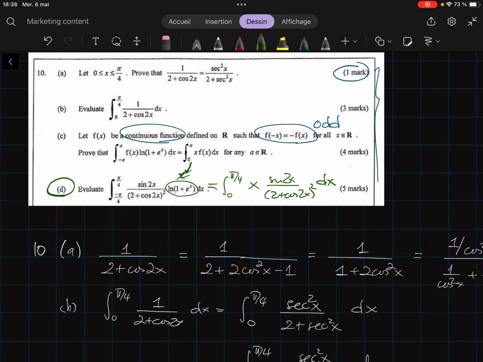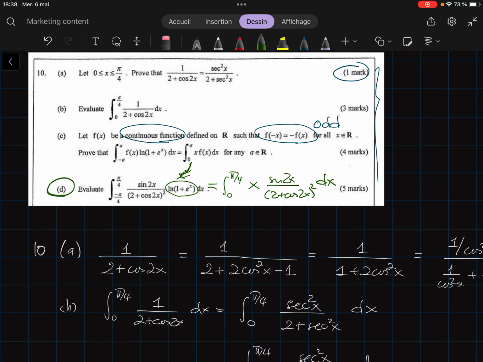And also notice that sine of 2x is a multiple of the derivative of the denominator. That means that we can integrate the trigonometric term using a u substitution and hopefully make use of part B.